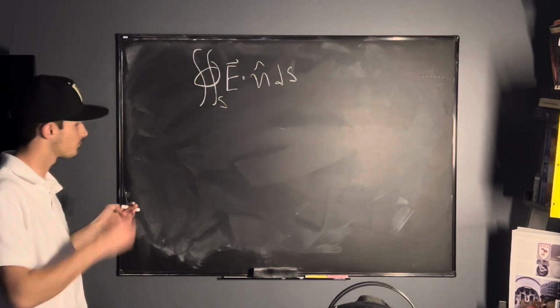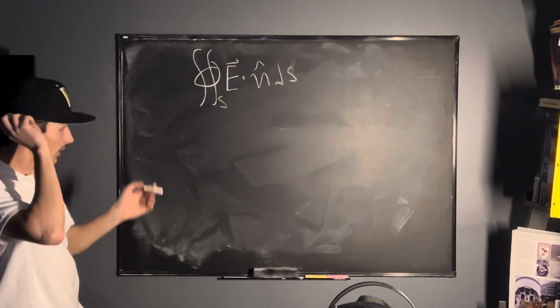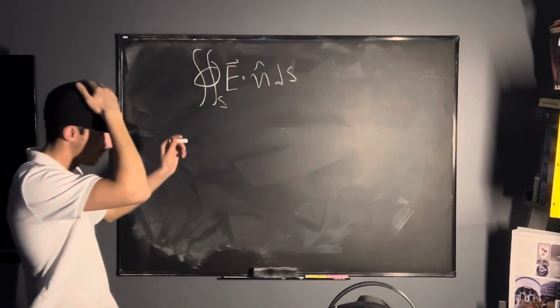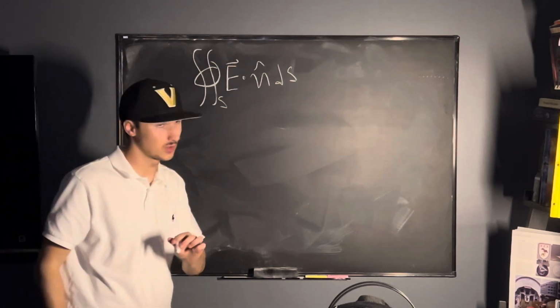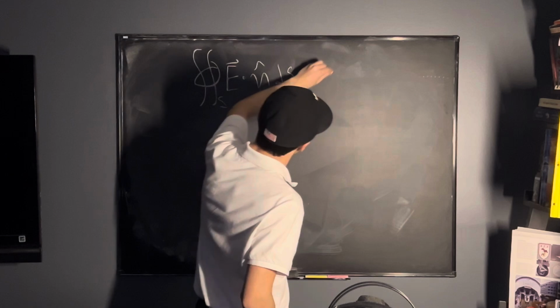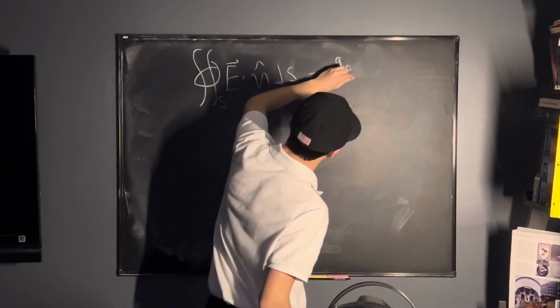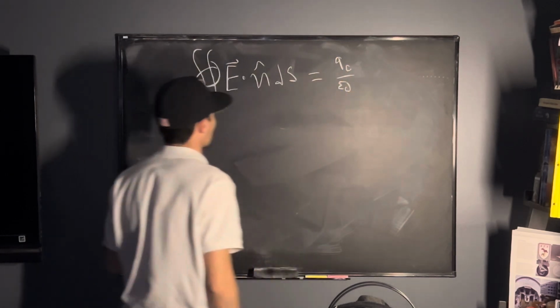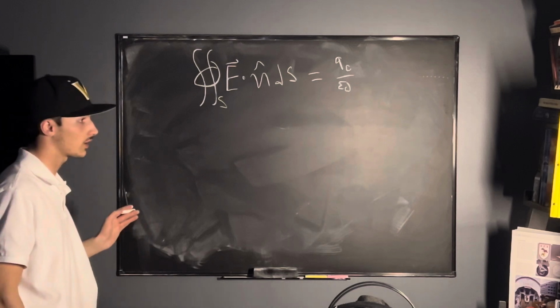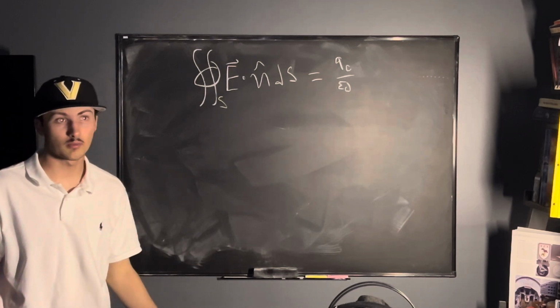There. We have this. Gauss's law says to us that it is the charge enclosed. Okay, well, we're going to have to make an argument on that, but that's okay.